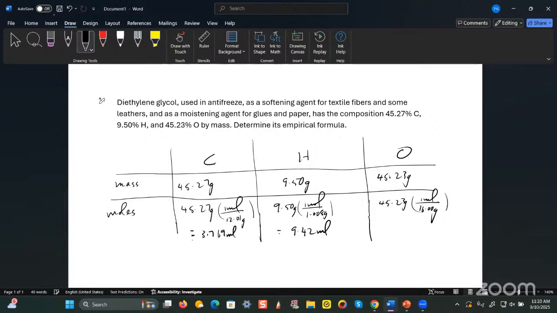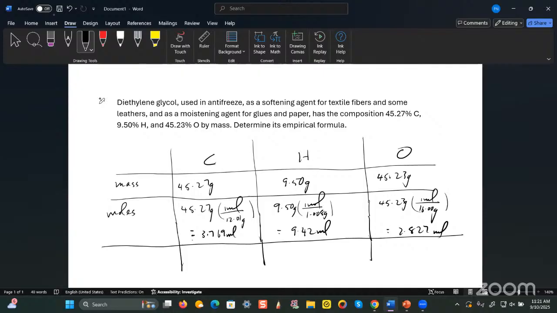And then in the case of oxygen, that would be 45.23 divided by 16. And according to my calculation, that works out to be equal to 2.827 moles, all right?